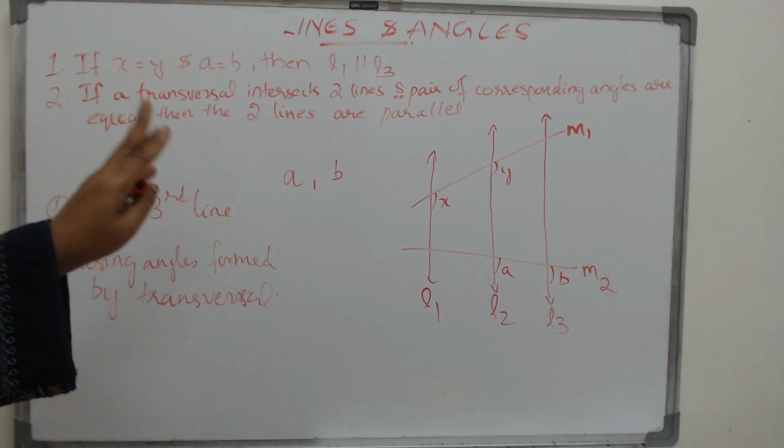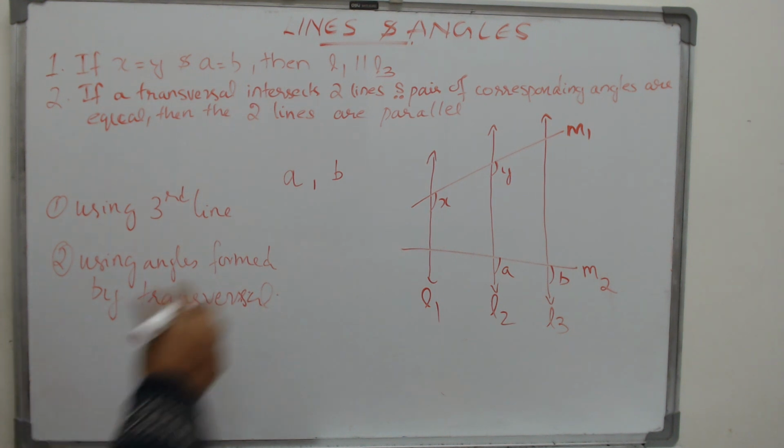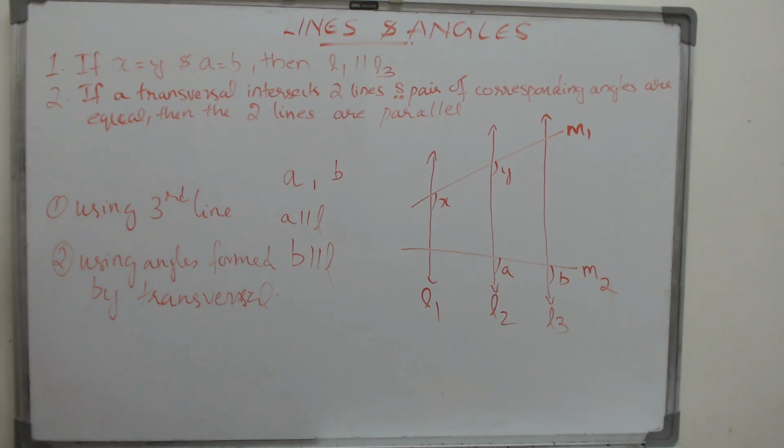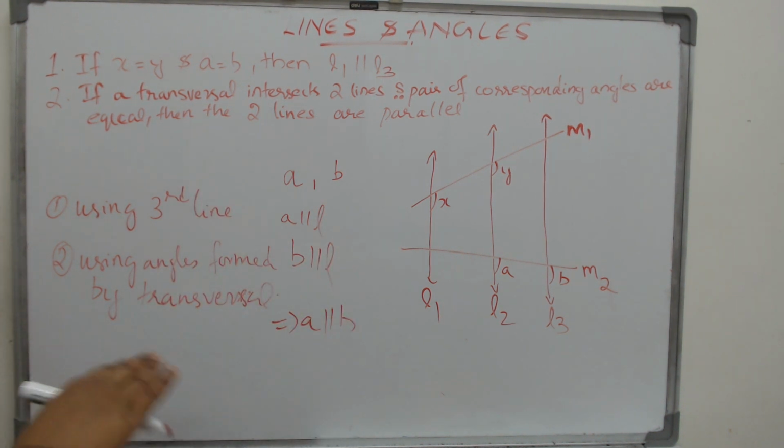To prove any two lines are parallel, you can do it using a third line. If you prove that A is parallel to that line, and B is also parallel to that line, then that will mean that A and B are parallel to each other.